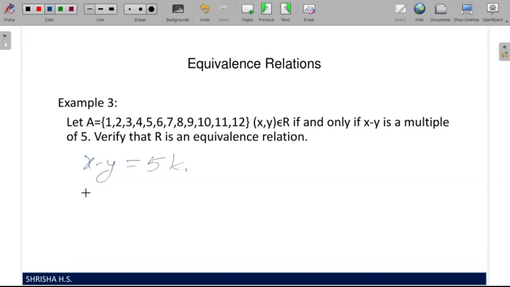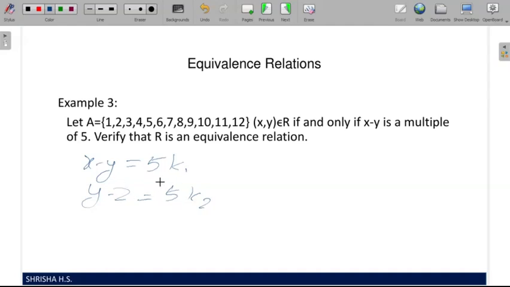And y minus z is also some multiple of 5. We take k1 and k2 differently because these are two different numbers. X minus y is some number, y minus z is some different number. If we take 5k and 5k, that means both are the same number, which is a wrong assumption.